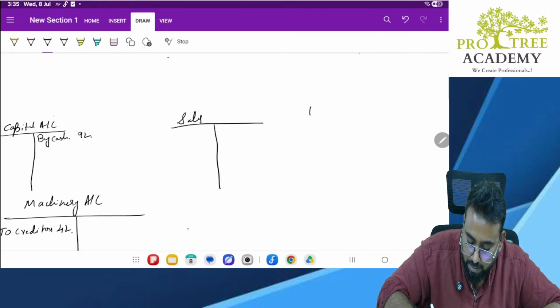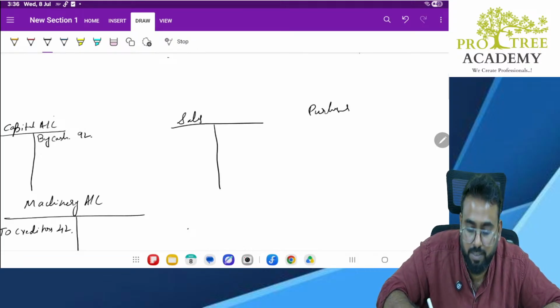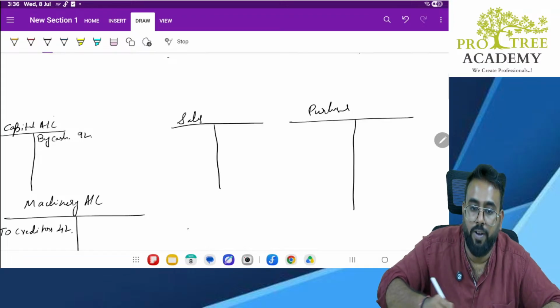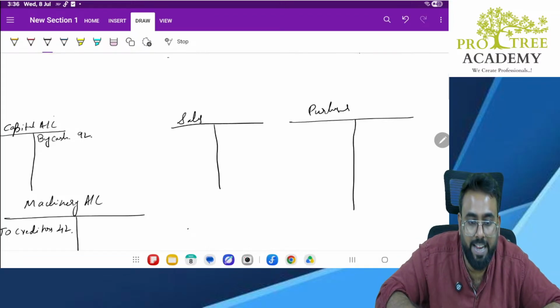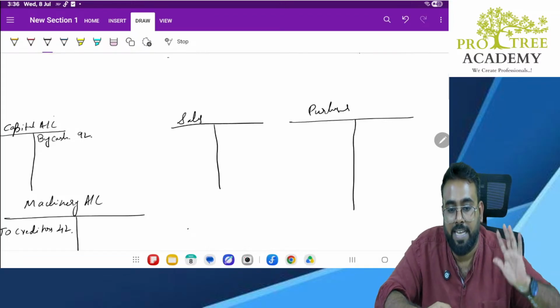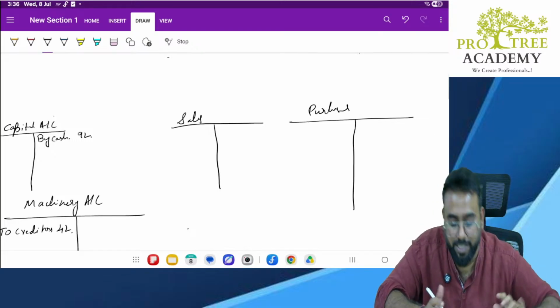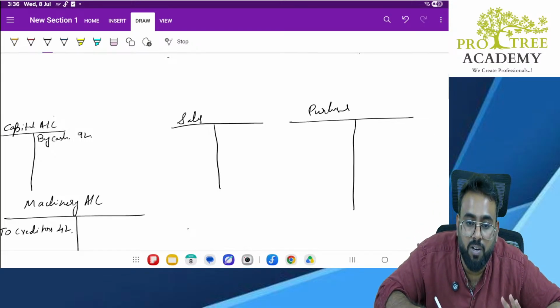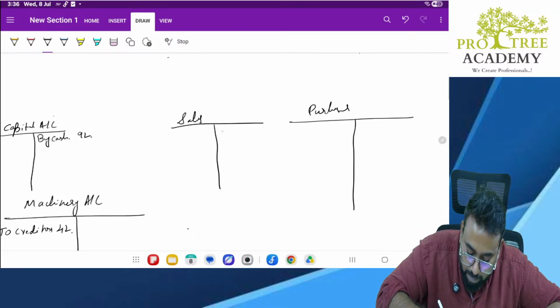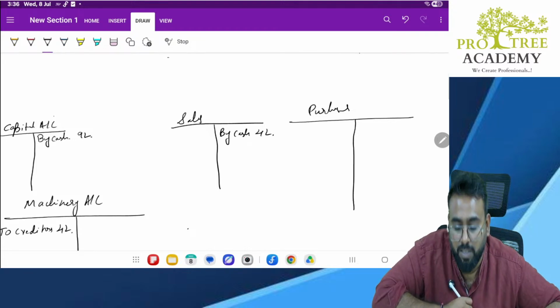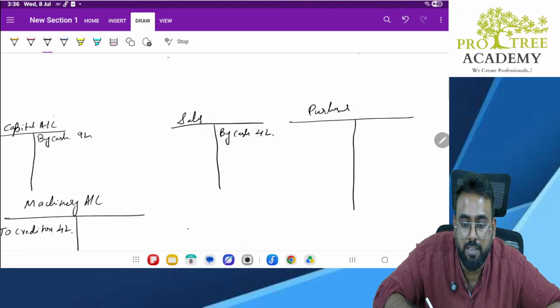Then we'll record one purchase. Okay, let's assume the transaction is cash sales of 4 lakh rupees. So what is the entry? Cash account debit to sales account by, correct? Let's assume a purchase of 3 lakhs.